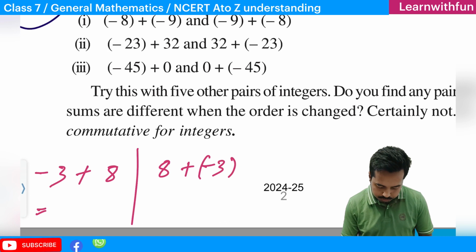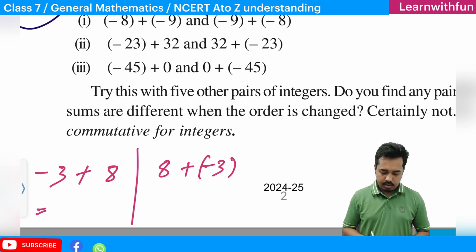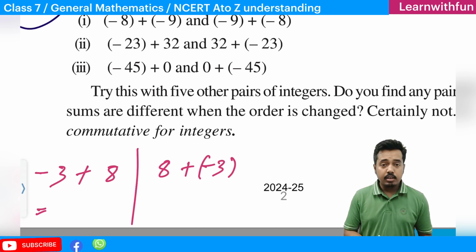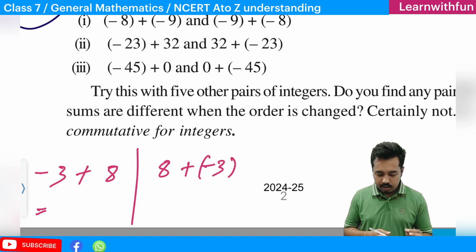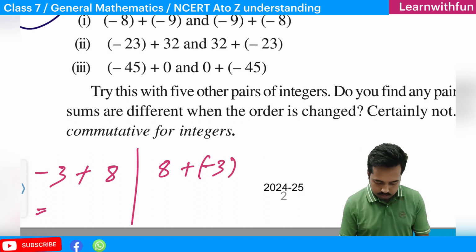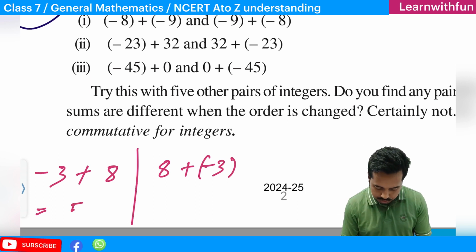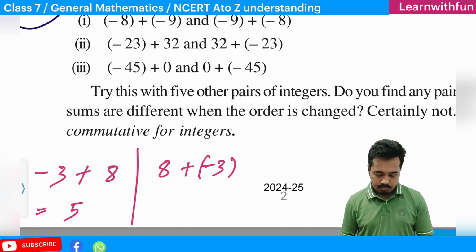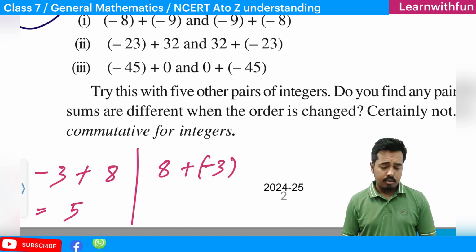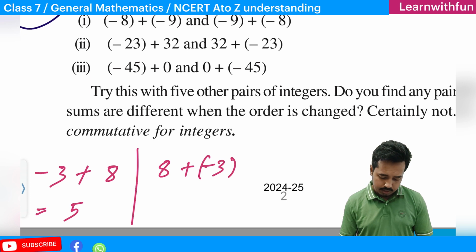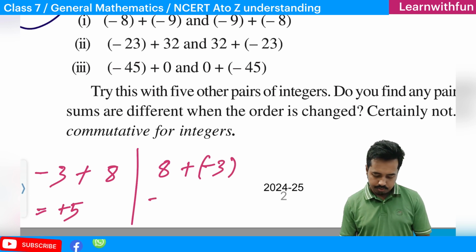Now in both cases you can see that the numbers have different signs before them, right? So we will have to subtract 3 from 8 in the first case, so you will get 5, but there is positive sign in front before 8, so we will take the positive sign.